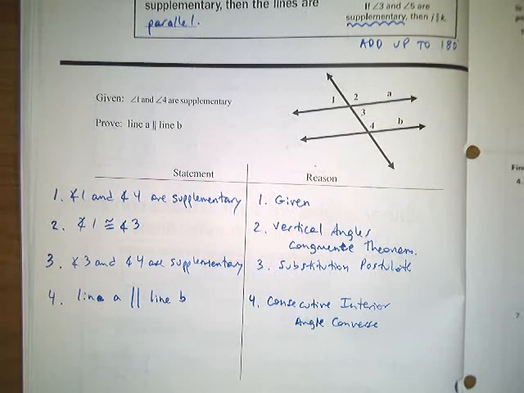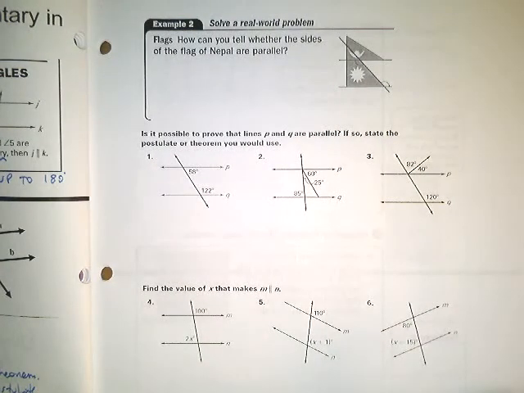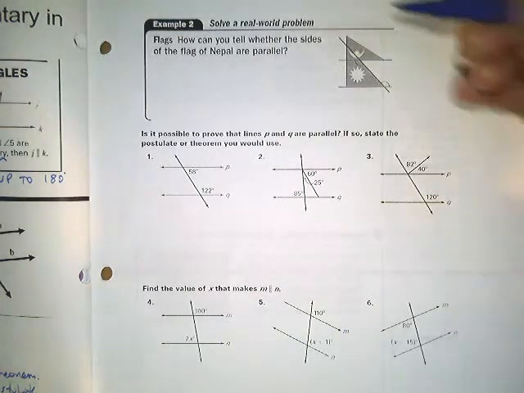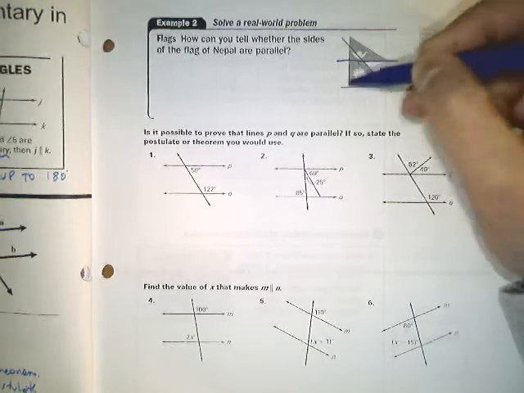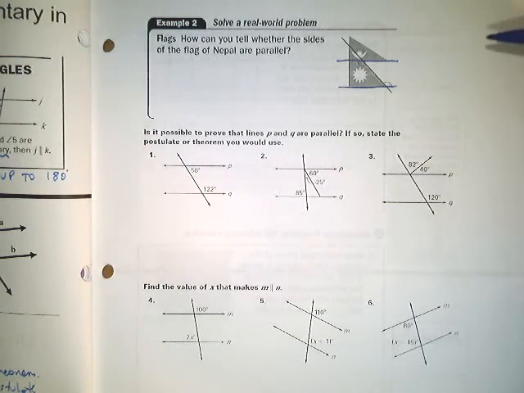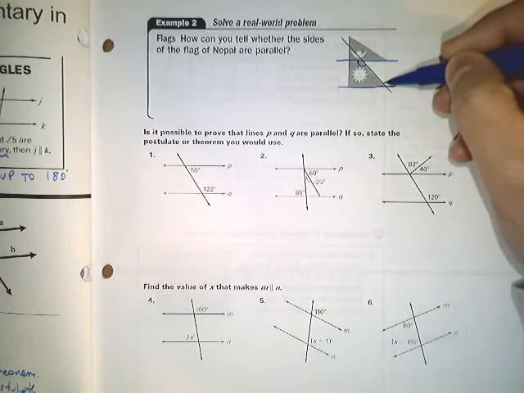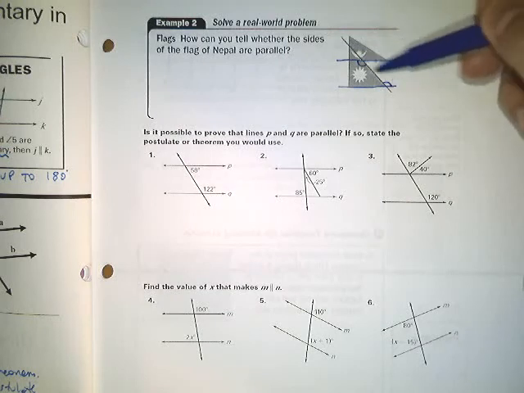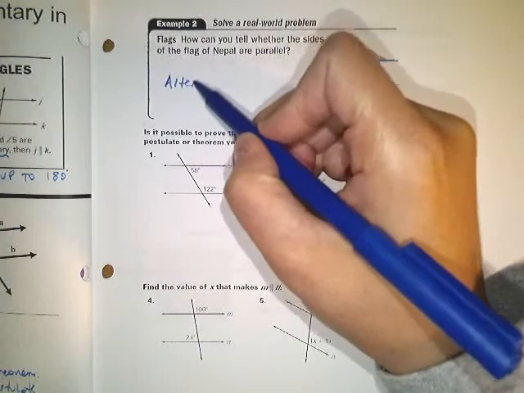Page 11 says, solve a real-world problem. How can you tell the sides of the flag are parallel? So basically they're saying, how do you know this line and this line are parallel lines? Well, you can see that this angle right here is marked congruent with this angle right there. Here's your transversal line, and those two angles are on the opposite side. So those are called alternate positions.